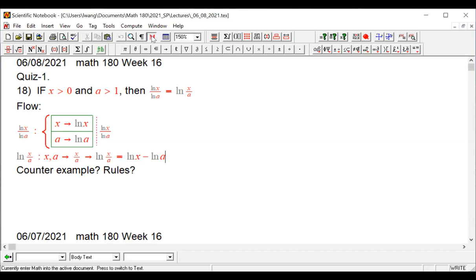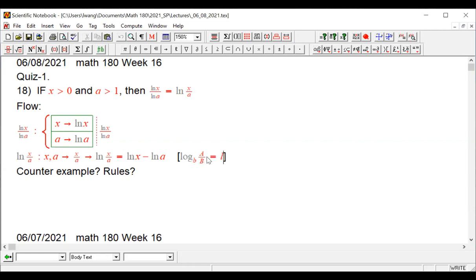The statement of the quotient rule is this: log base b of one quantity over the other is the same as log base b of capital A minus log base b of capital B, everything in the domain.